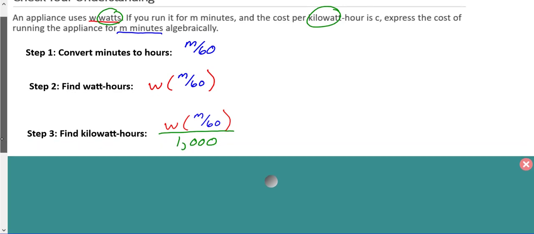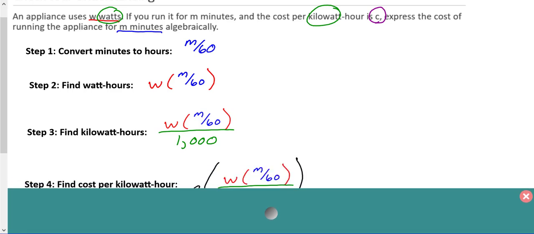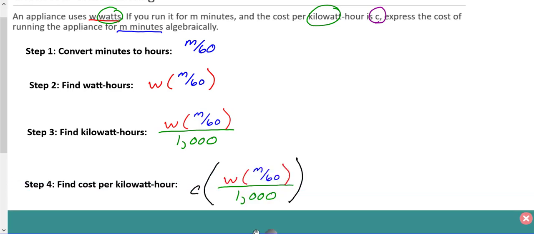Our last step is to multiply our kilowatt hours times our cost, which is C. So we multiply the whole thing times C, and that would be our algebraic expression.